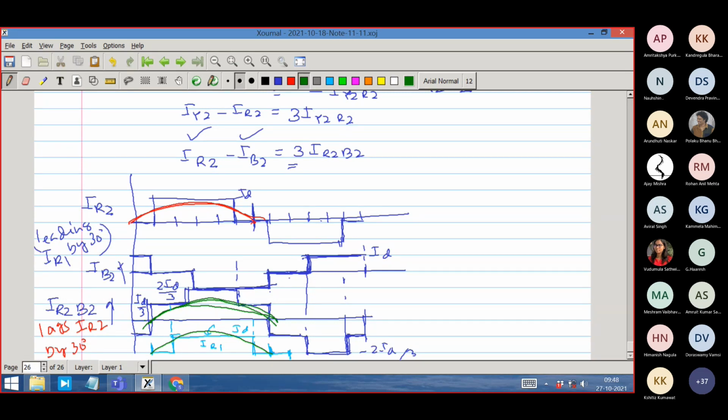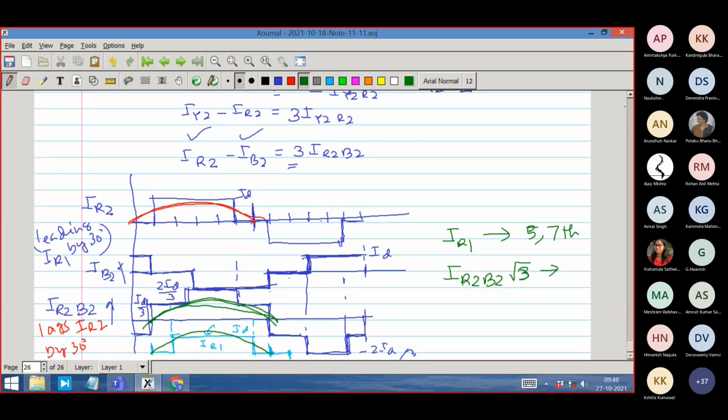So we'll compare the harmonics created by IR1 and the harmonics created by √3 IR2B2. So we'll compare IR1 harmonics, that is fifth, seventh, third harmonics will not be there, and IR2B2 into √3.